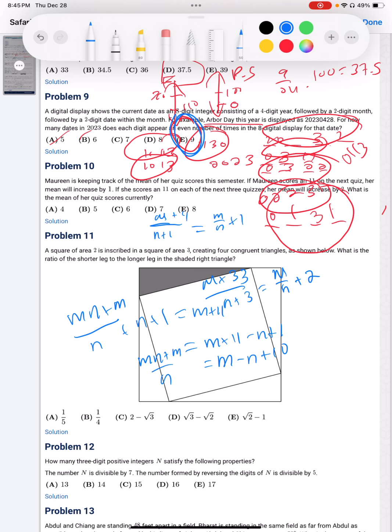And then before I get some answers, it is kind of annoying. Okay. So we're going to have Mn minus N squared plus 10n equals Mn plus M. Like that.